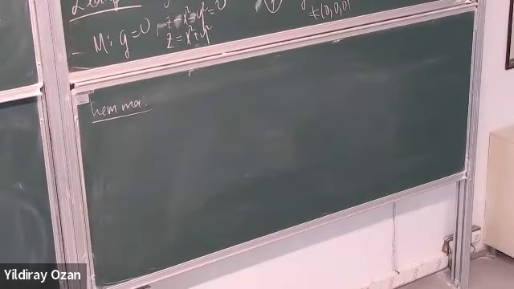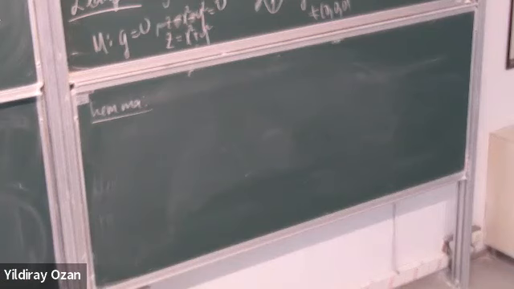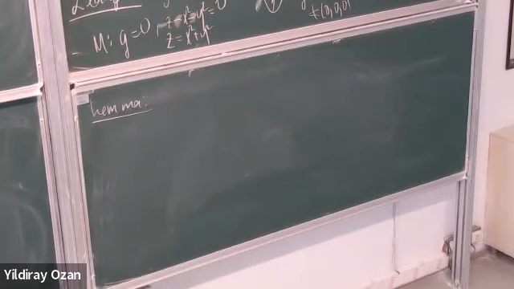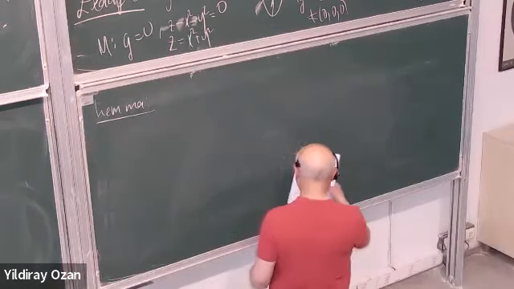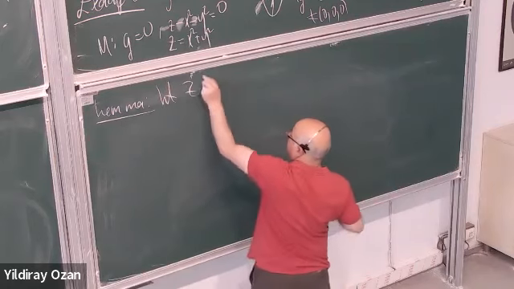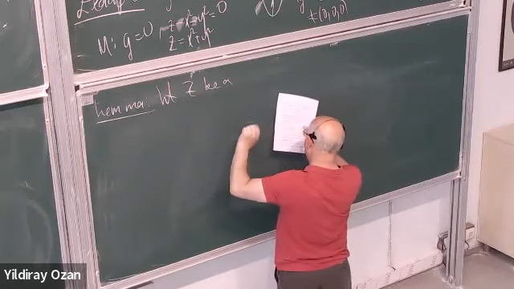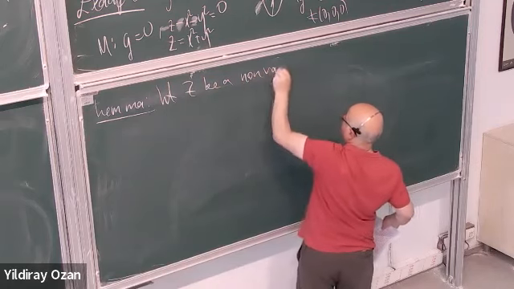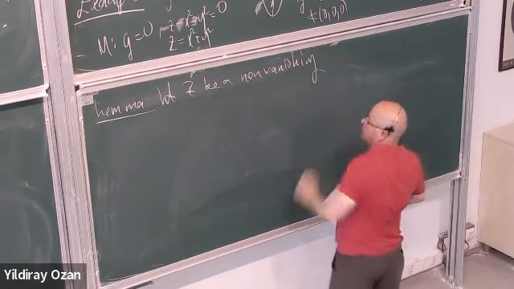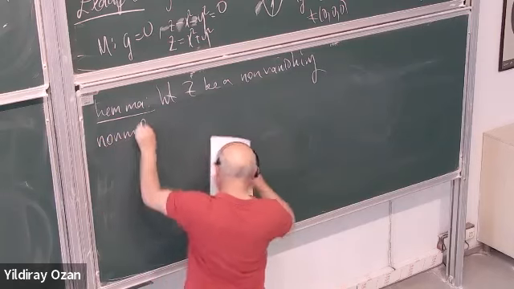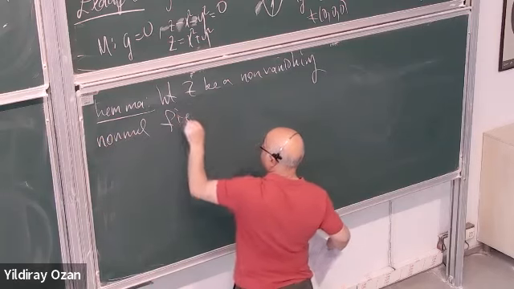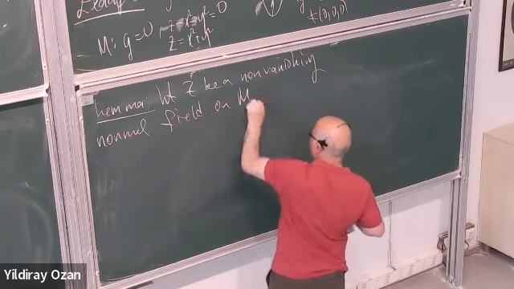Now here is the lemma. Let Z be a non-vanishing normal vector field on the surface M. So it is not zero at any point.